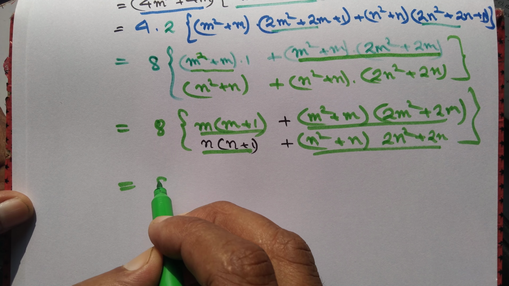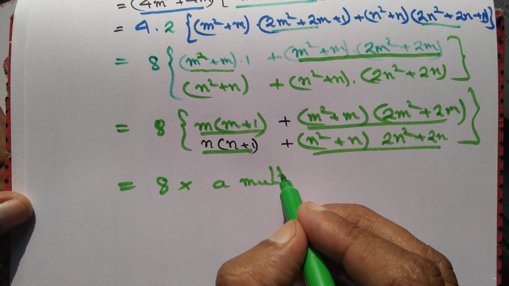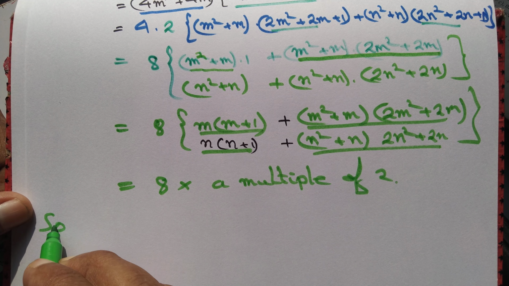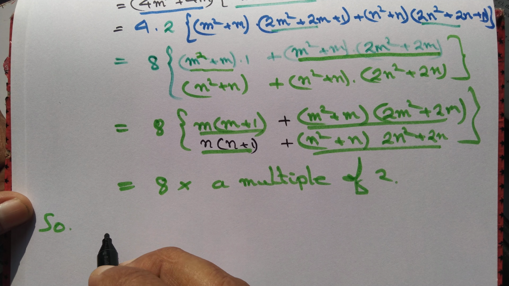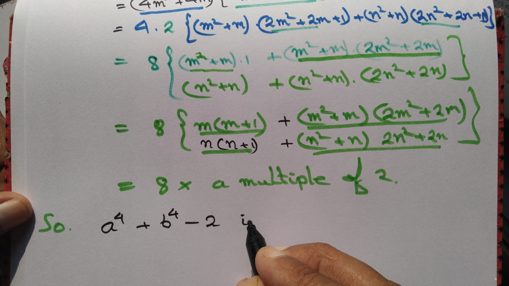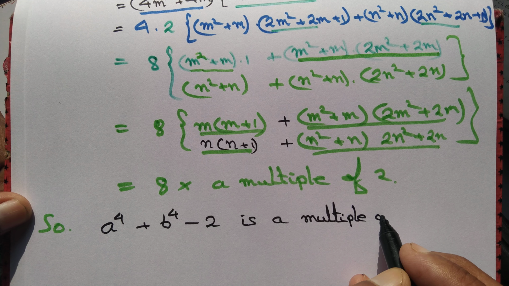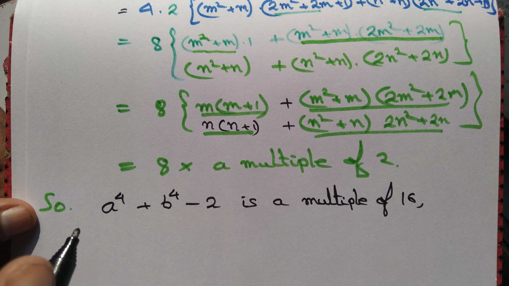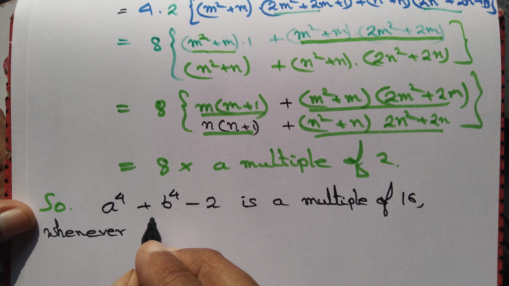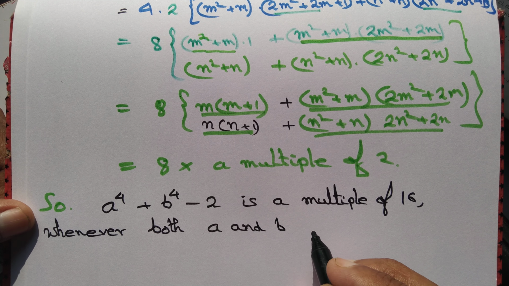So we can say that this is a product of 8 times a multiple of 2. So a to the power 4 plus b to the power 4 minus 2 is a multiple of 16, whenever both a and b are odd.